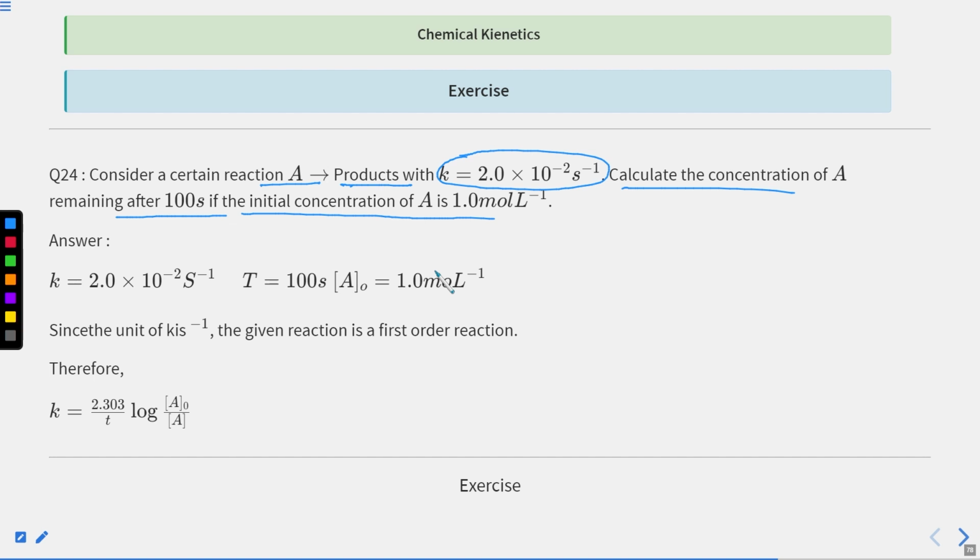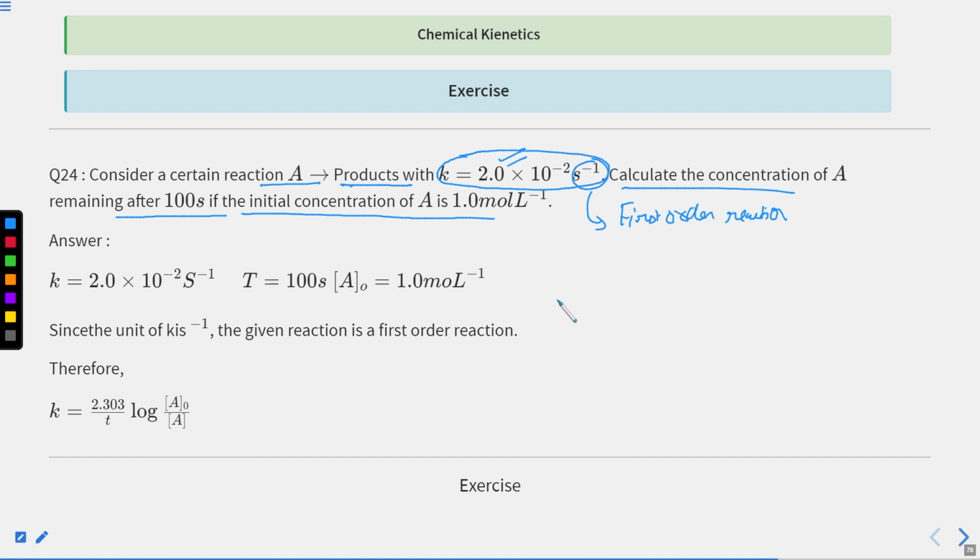See, students, here we get fooled because the rate constant is given along with its unit, and the unit is clearly shouting that it is a first order reaction. So you will simply apply the first order rate law.